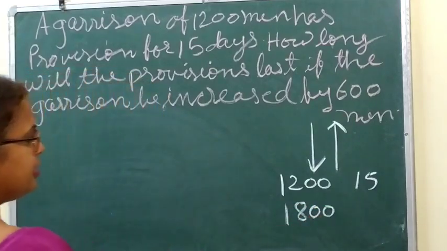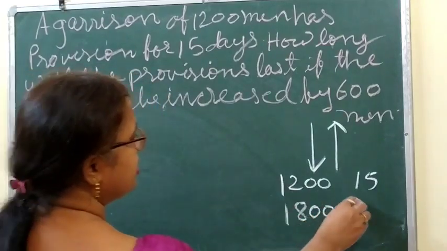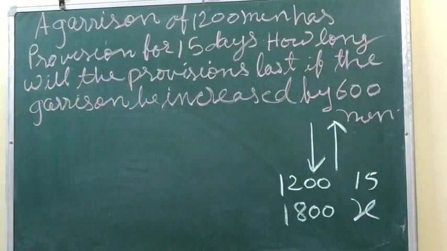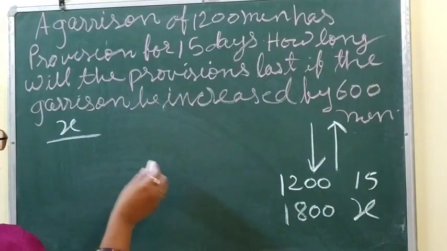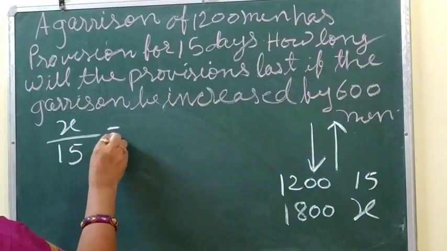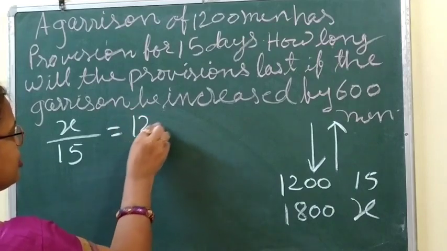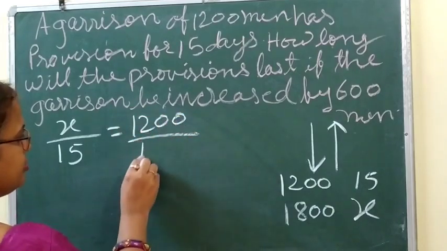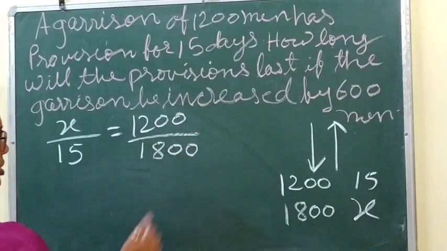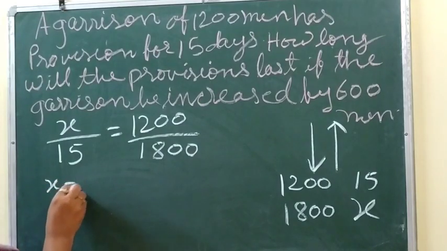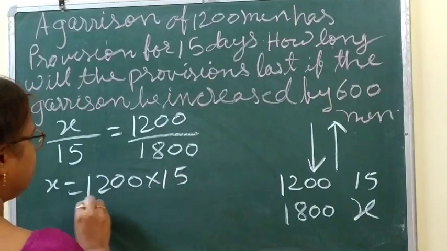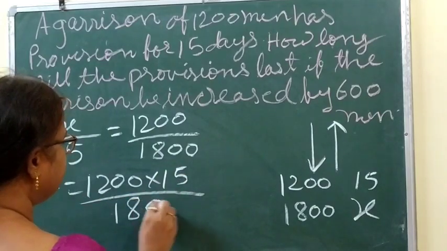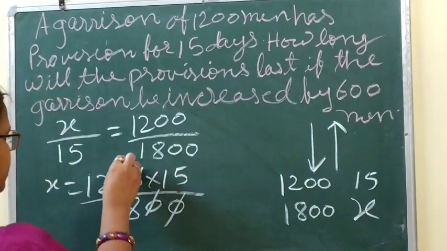So for 1800 the provision will last for how many days? For x days. Clear? So for inverse variation you know how we write the equation. So x by 15 is equal to 1200 divided by 1800. Clear? Then x will be equal to 1200 into 15 divided by 1800. Clear? Zeros cancel.